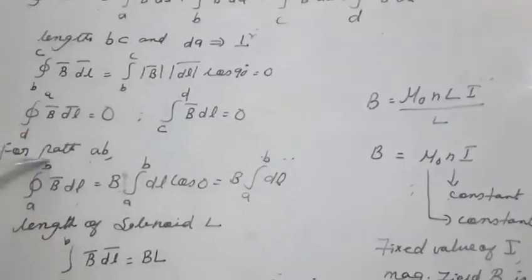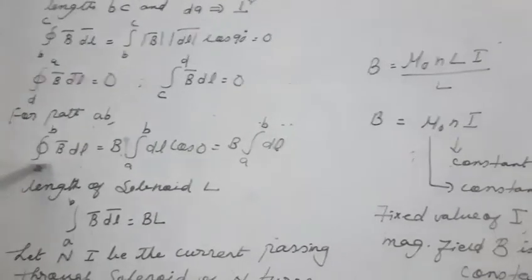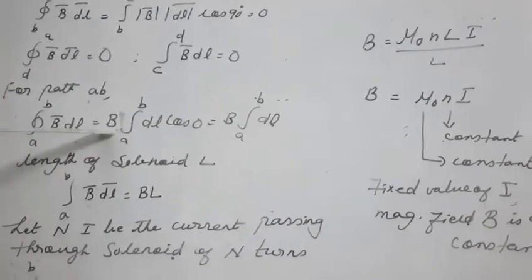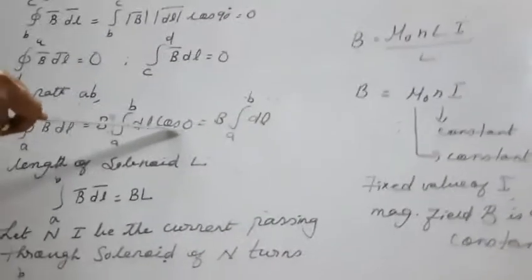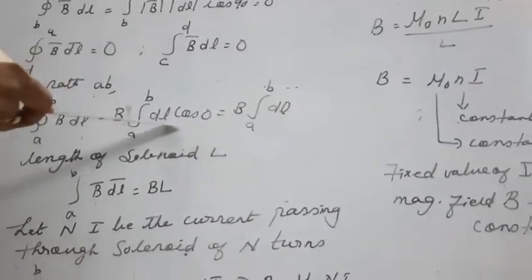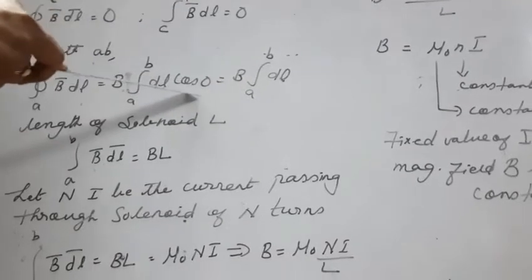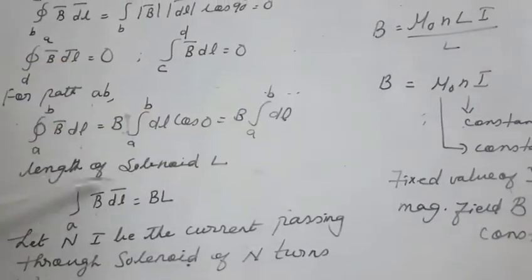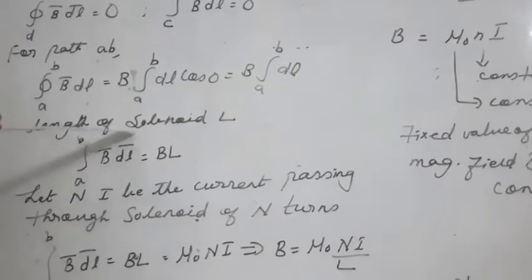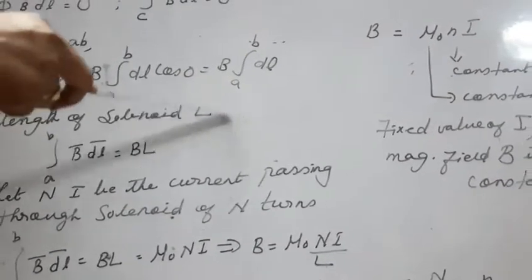So for the path along AB, the integral of B·dl equals B, taking it out, times the integral from A to B of dl into cos 0, which is 1. Therefore, B times the integral over AB of dl. Here the length of loop AB is as shown in the diagram.